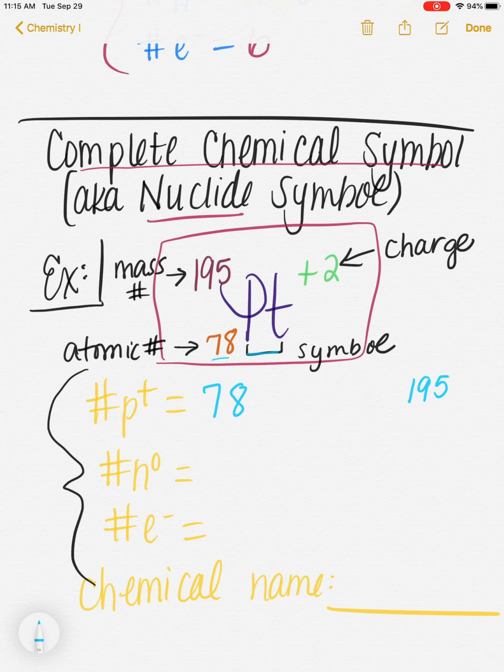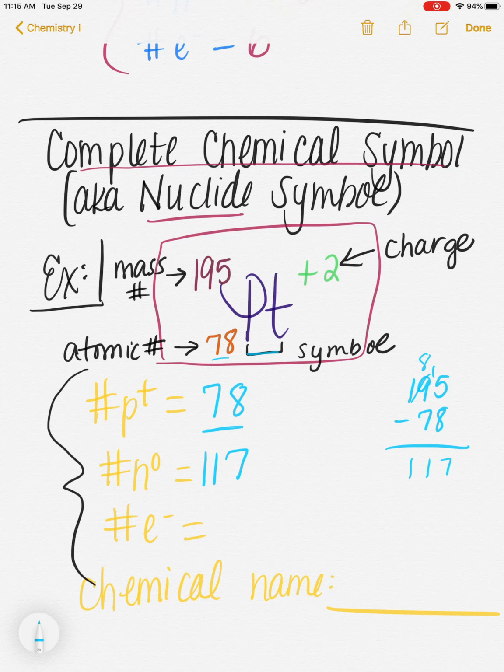To find neutrons, we have to take the mass number, which in this case is 195, minus the atomic number, which is 78, and there is absolutely no shame in using your calculator if you need to. I have that this is going to give me 117 neutrons.